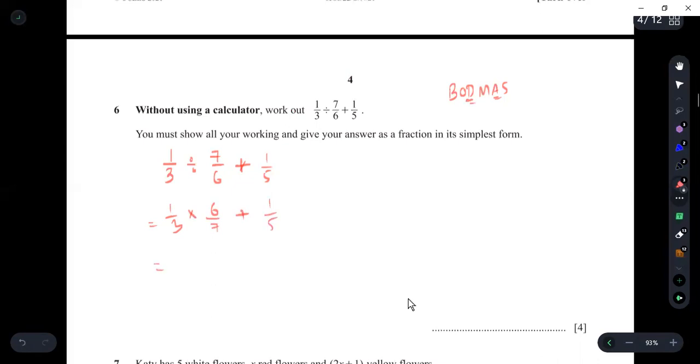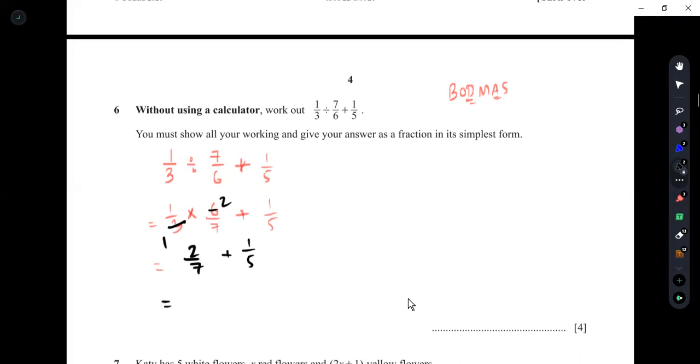Now to get the answer for multiplication of fractions, we can cancel out. 3 1s are 3 and 3 2s are 6. So 2 1s are 2 and 7 1s are 7. So we get 2/7 plus 1/5.